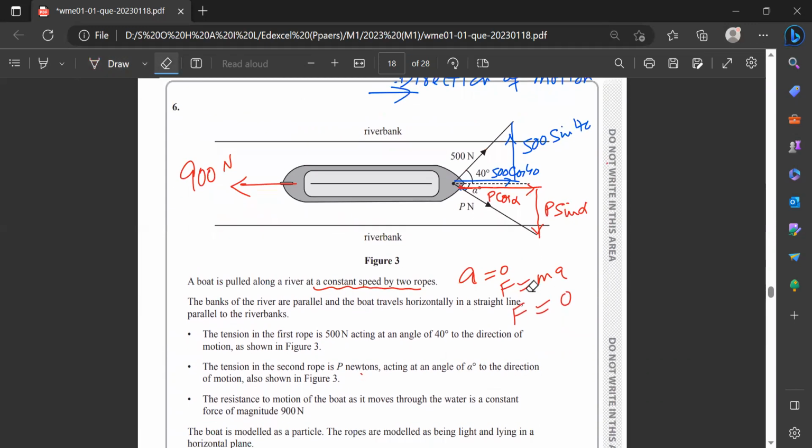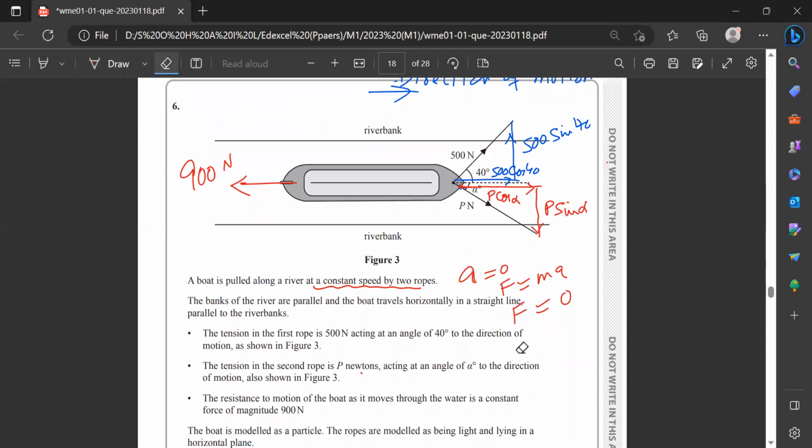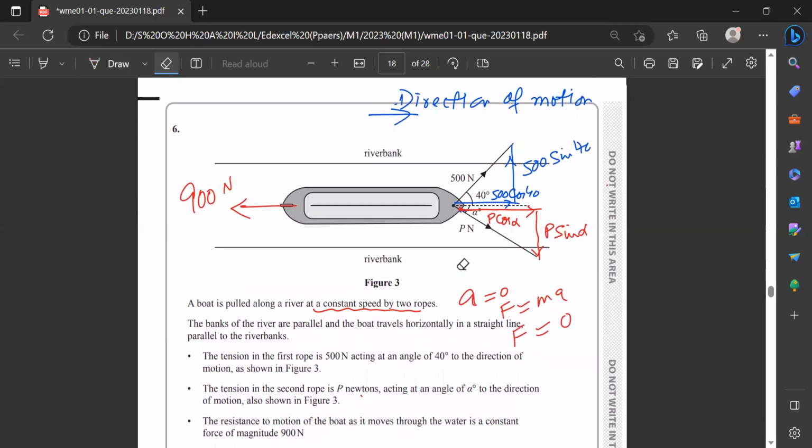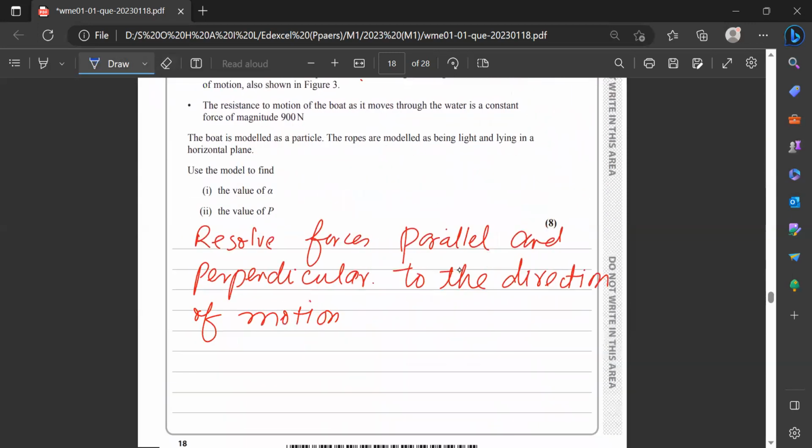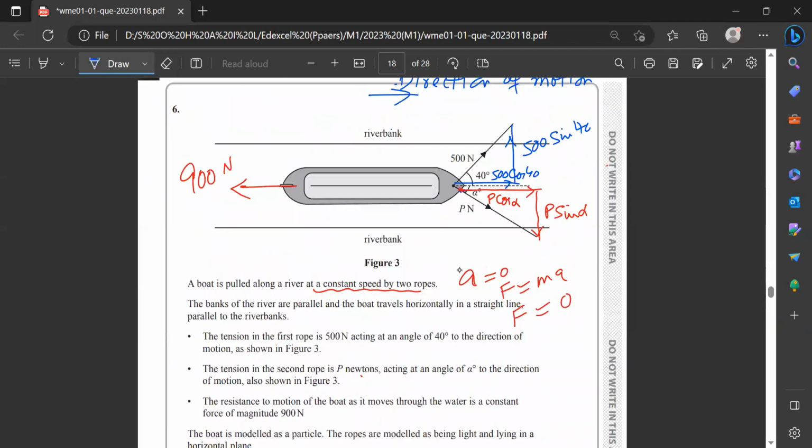As it is moving at constant speed, the force in the direction of motion equals the opposing forces. Just apply this basic idea of equating the forces. There is no movement in this direction or in this direction, so the forces in these two directions are balancing each other, because it's not moving towards either river bank, it's moving in between.